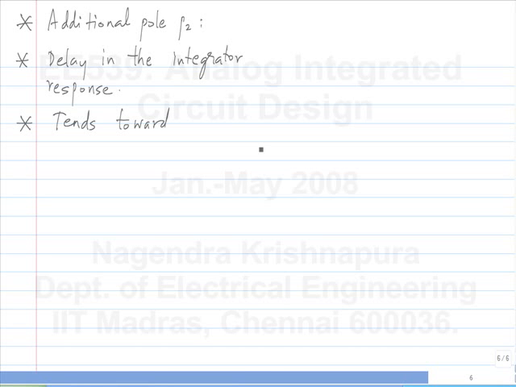But if you have an additional pole, let's say you have P2 and P3, then as you lower the value of the poles, the roots will move into the right half plane and it will actually become unstable, where it will oscillate.